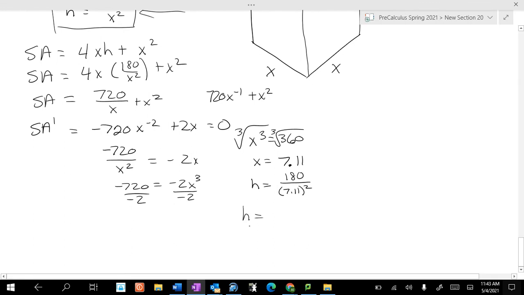So what is h? What's 180 divided by 7.11 squared? 3.56. So the dimensions are 3.56 by 7.11 by 7.11, and all of them are centimeters.